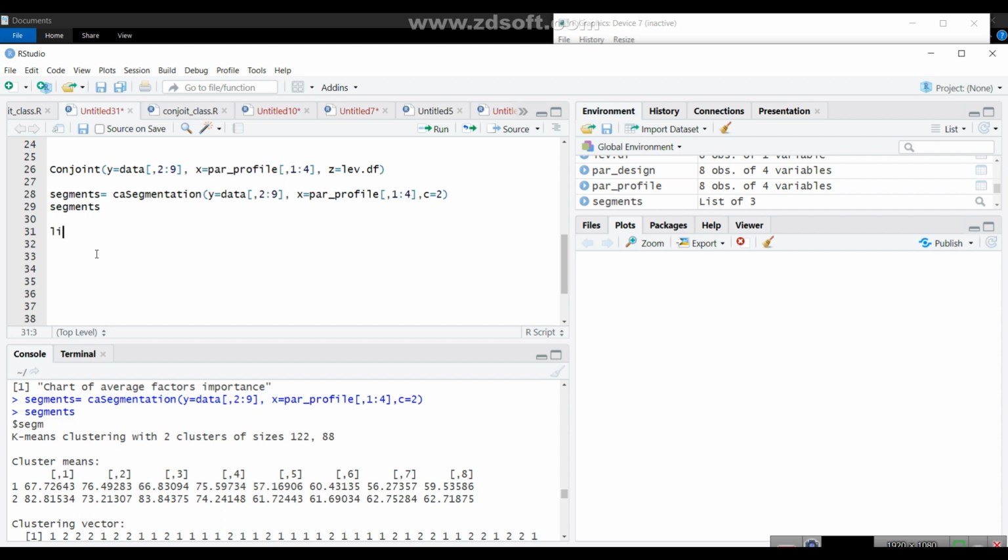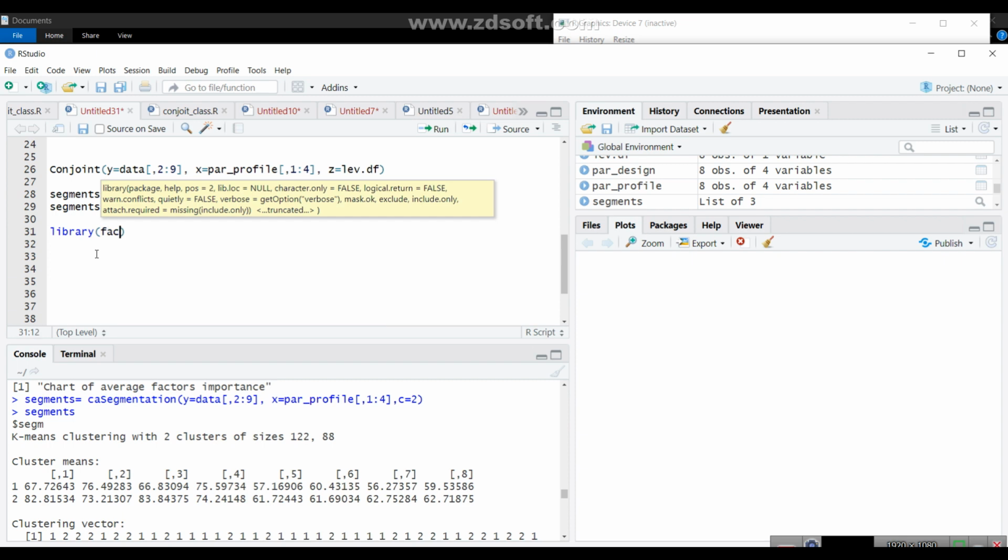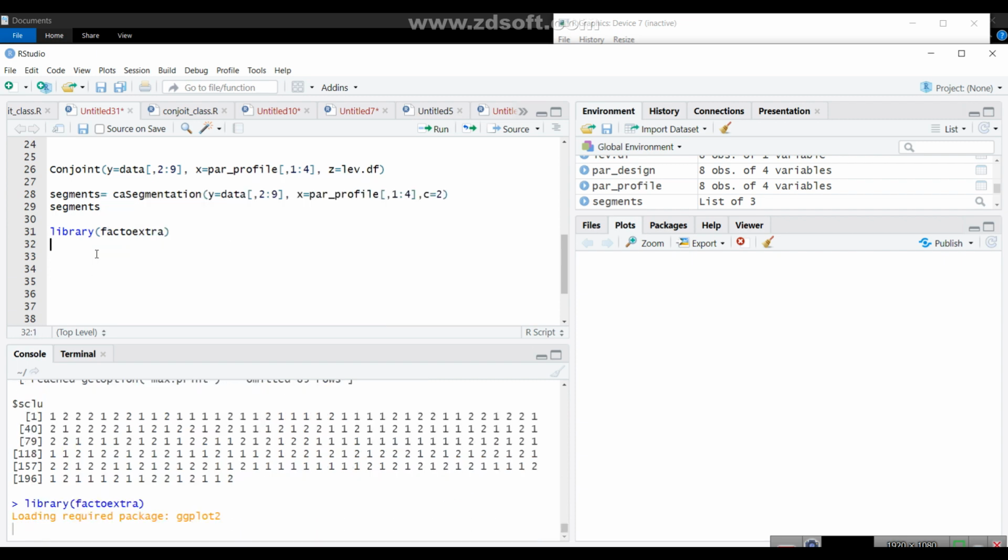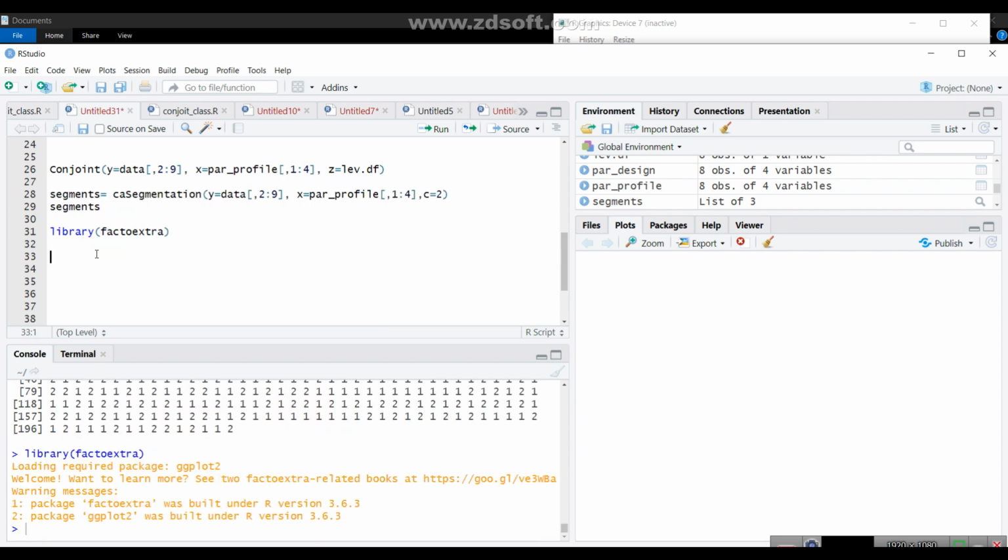I'm using this package factoextra. First I will have to extract some objects from this segments object, so I'm giving it a name: cluster is equal to segments dollar sign, and the object is segments dollar sign caseg.